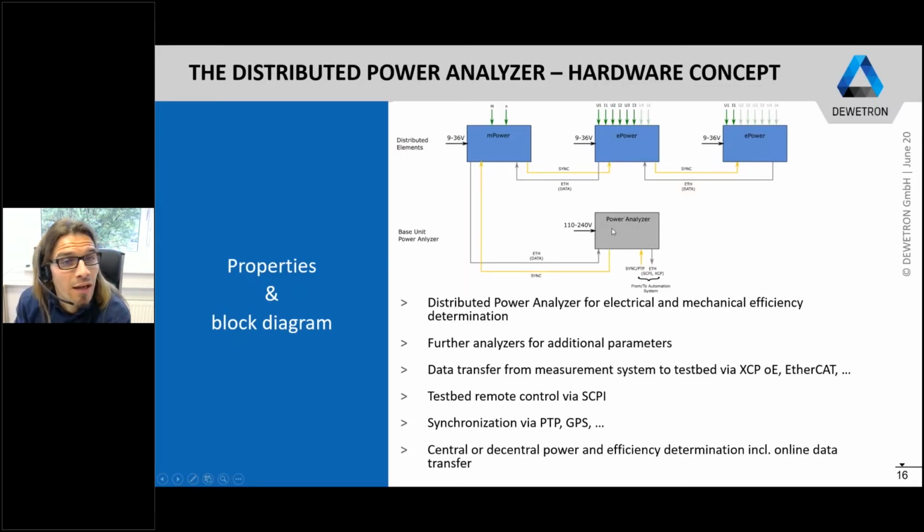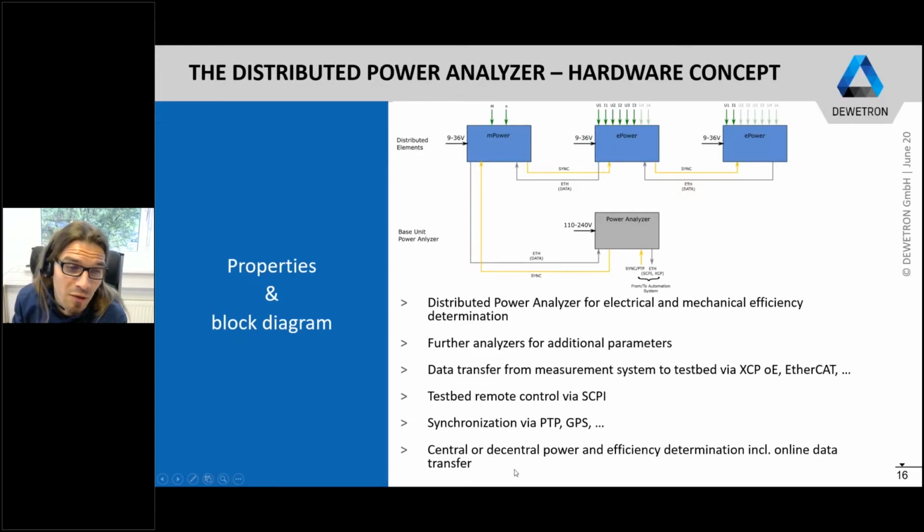The base unit power analyzer also provides the synchronization signal for the distributed elements to acquire all the data time synchronously. And if your measurement requirements change, you can always reduce the number of distributed elements or expand your distributed system by an additional distributed element here in this section.